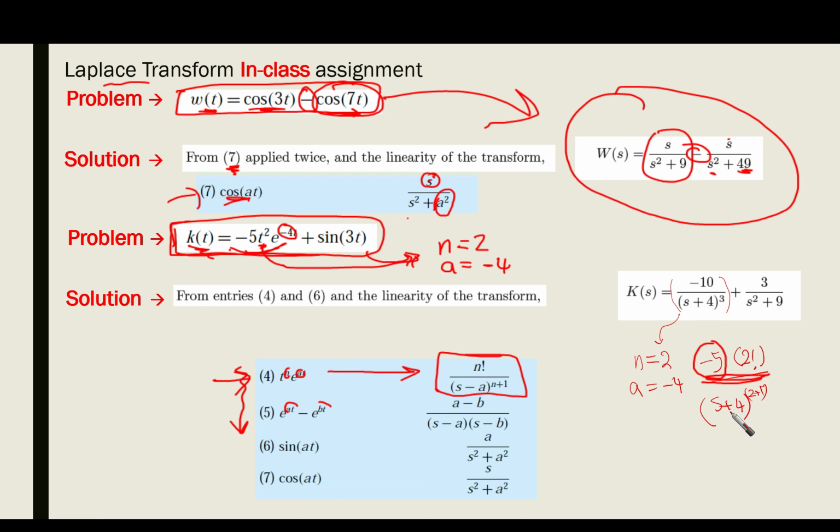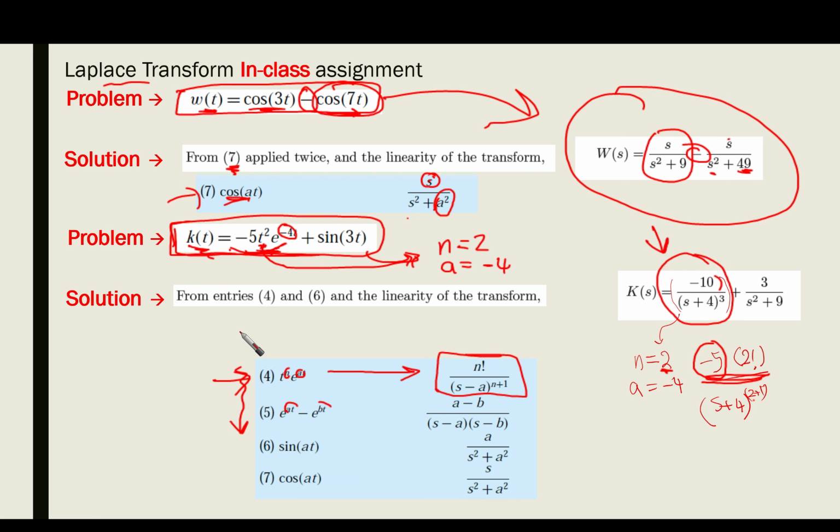So it is s plus 4 raised to the power n plus 1. Already we said n is 2, so it is 2 plus 1, which is 3. Minus 5 times 2 factorial gives us minus 10, and in the denominator it is s plus 4 to the power 3. So now this is the first part of the equation that we have solved.